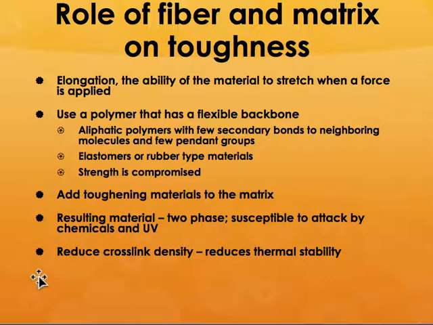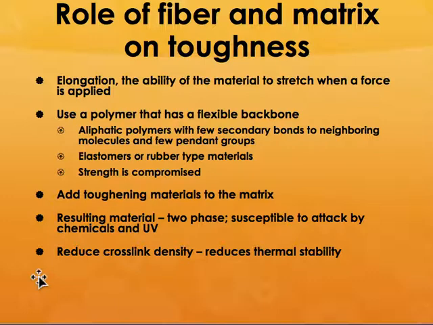So you have to use a polymer that has a flexible backbone, and these aliphatic polymers do not always have extremely good toughness, but aliphatic polymers are tougher than aromatic polymers. So in order to get good toughness, you have to add what are called toughening agents.